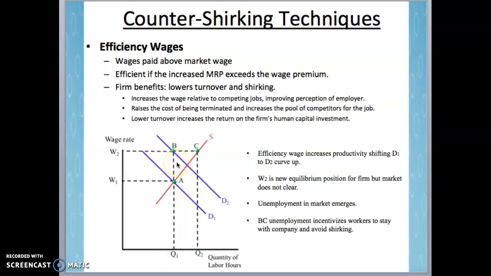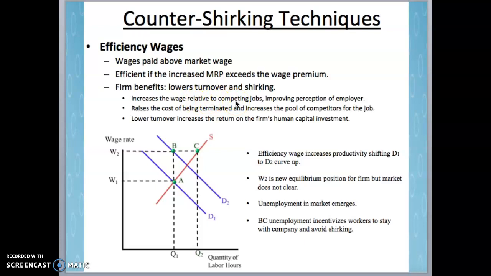If efficiency is enhanced, then the firm benefits. It lowers their turnover and shirking. Three things here to consider. First, by paying the premium, the efficiency wage, the company is paying a wage that's higher than competing jobs.